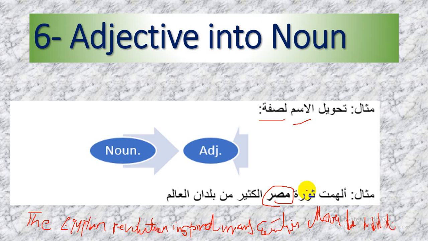So here we changed this noun into an adjective, and instead of saying Egypt, we said Egyptian.